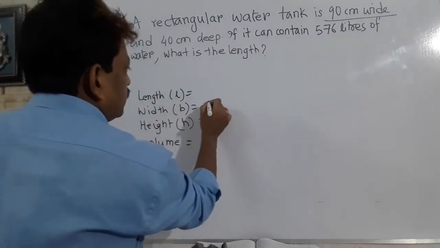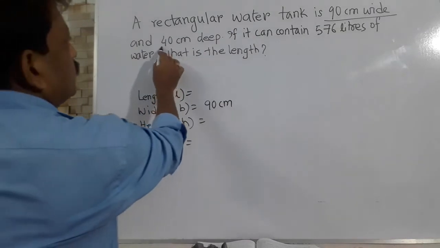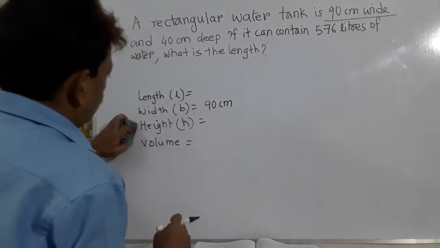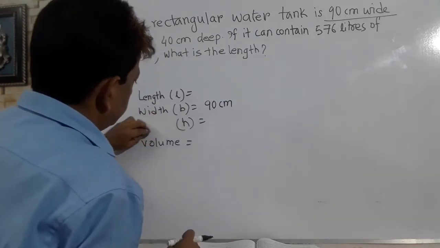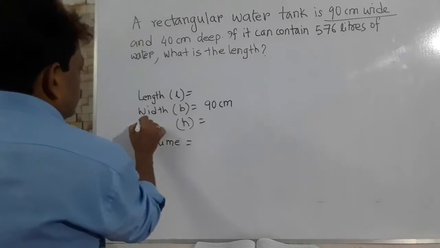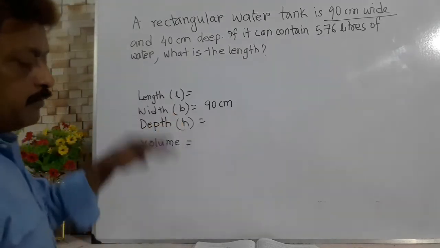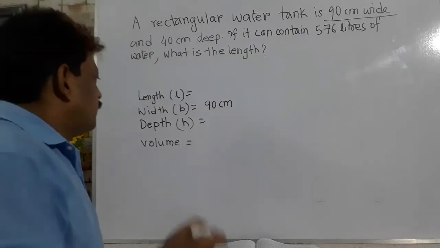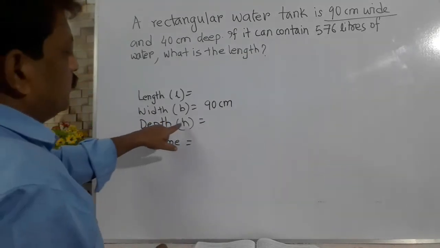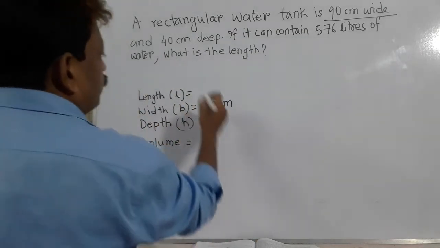Let me write here 90 centimeter. And 40 centimeter deep means that in place of height the depth is given, but the matter is the same. Since it is a water tank, it may be an underground water tank, so that is why depth is given. Depth is also considered as height, so h is equal to 40 centimeter.